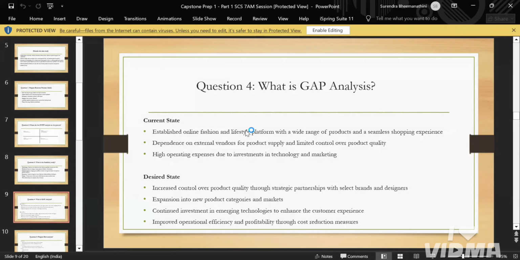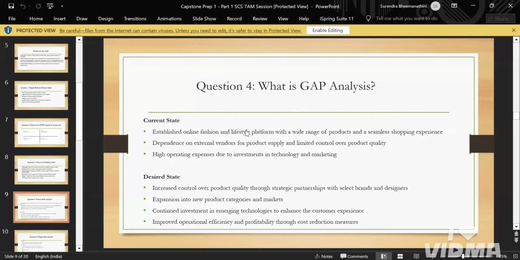These are the current state problems with the web application we are doing, and we need to improve this current state, so we will go for the desired state.